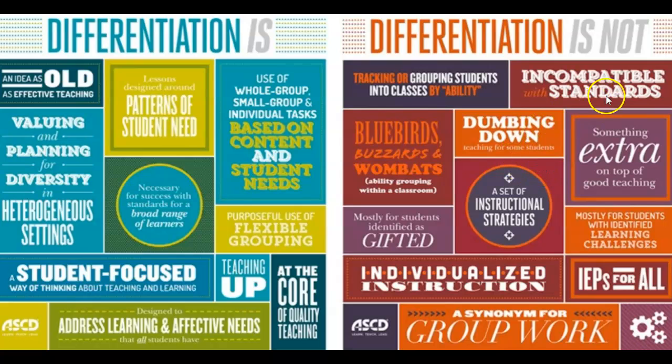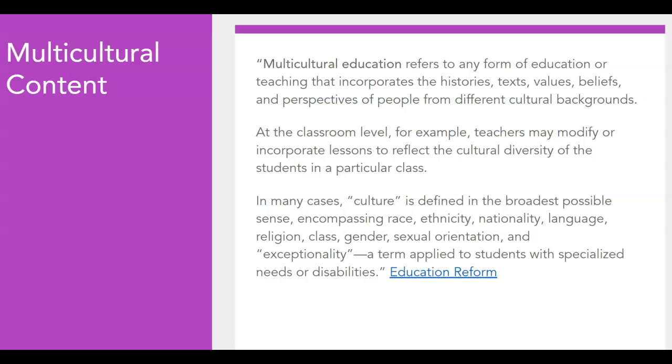It is not dumbing down incompatible standards, tracking or grouping students in class by ability, or something extra on top of good teaching. So there are some very clear do's and don'ts related to differentiated instruction.